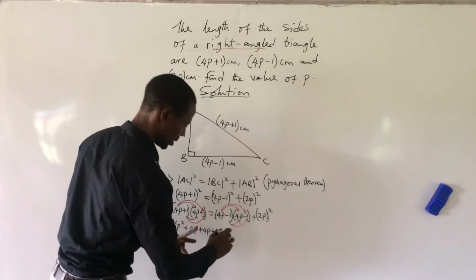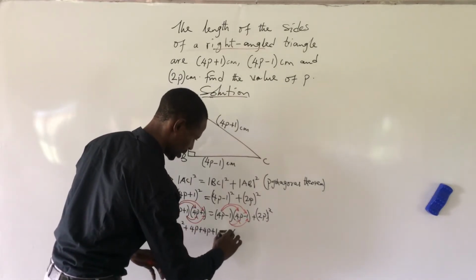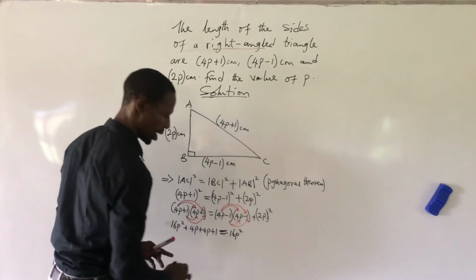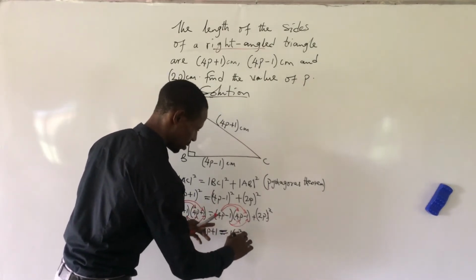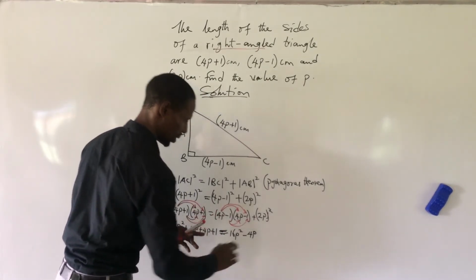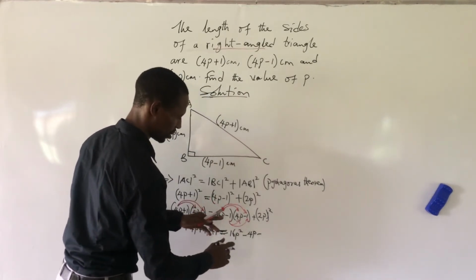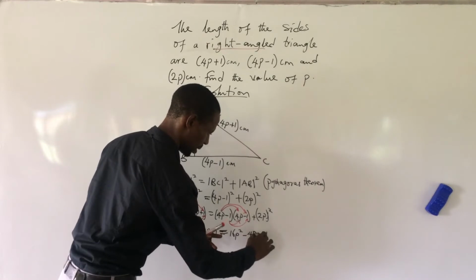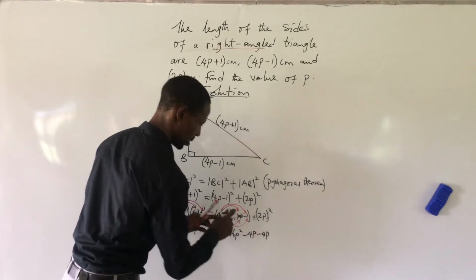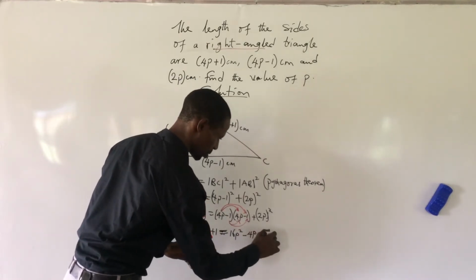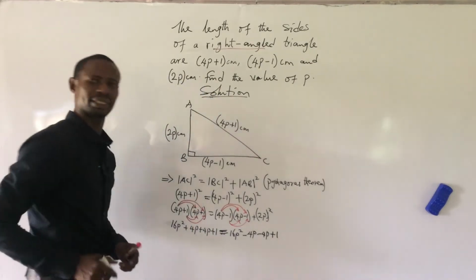We do the same here: 16p squared, then minus 4p, then minus 4p, then minus 1 times minus 1 gives us plus 1.